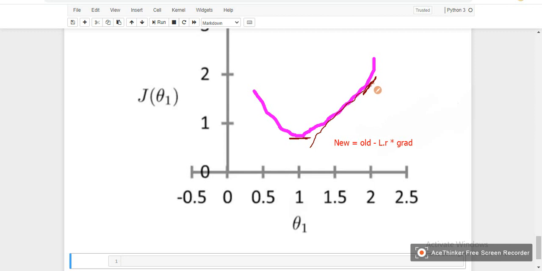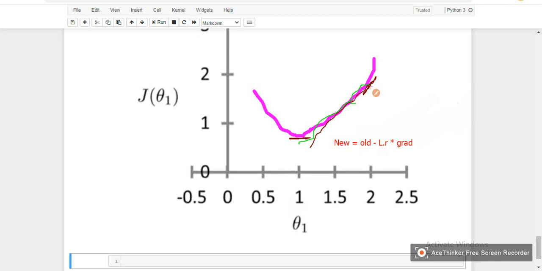If we initialize this model with theta equals 2, we substitute the derivative here. The learning rate is how fast it has to take steps, and the old value will be 2. So 2 minus learning rate times the gradient of the cost function. If we apply this formula, we'll get some new value over here.